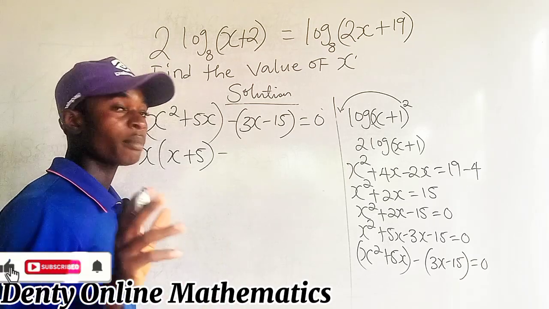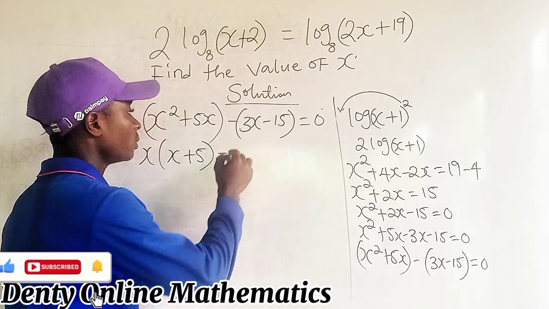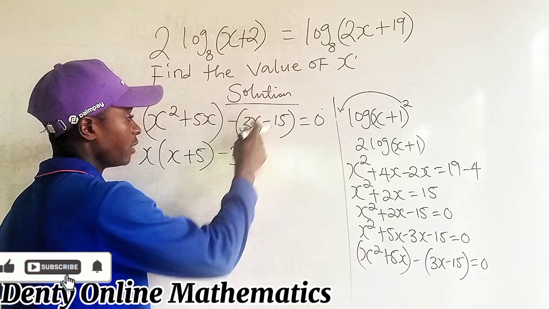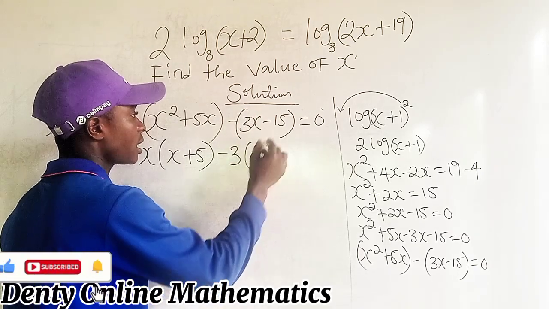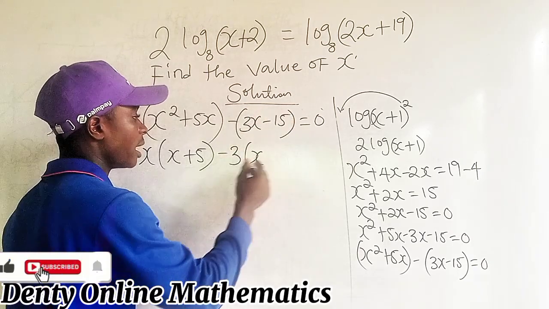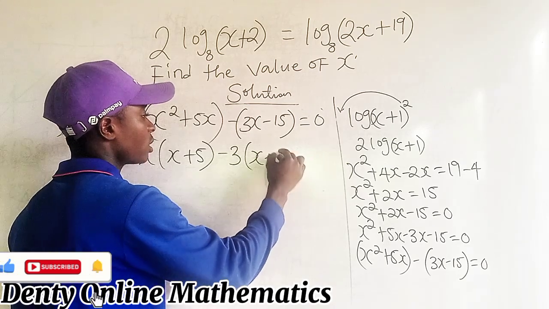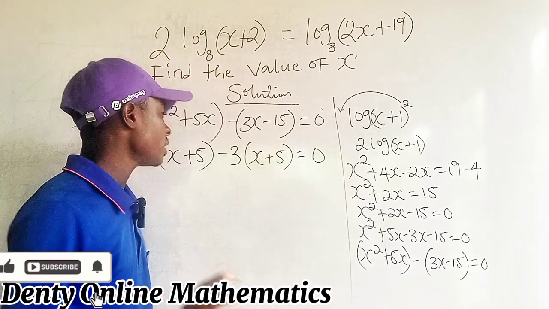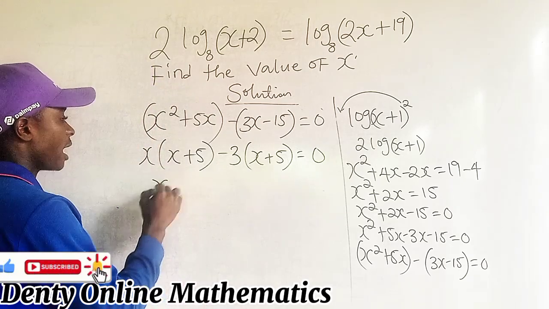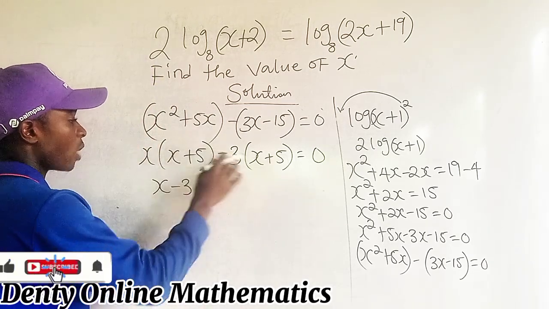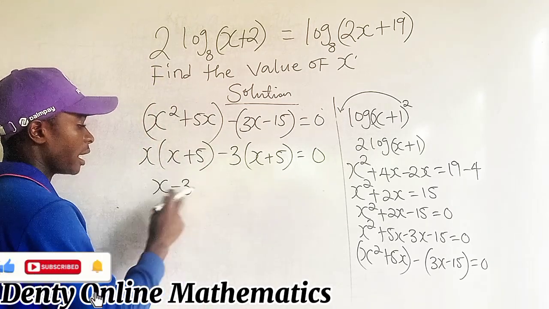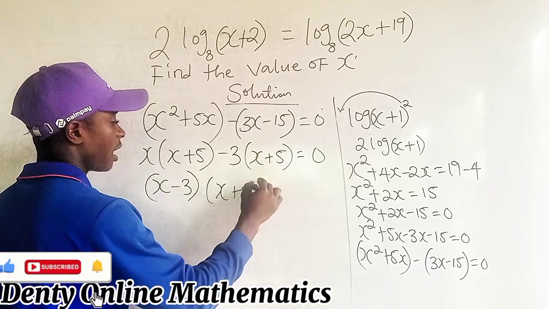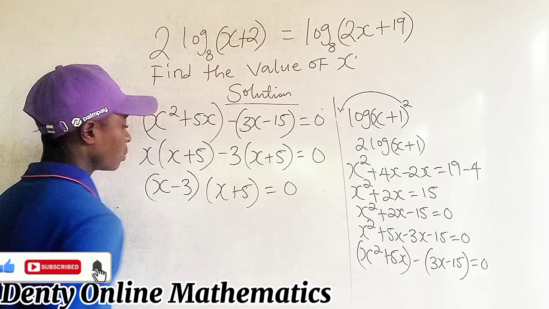If I factor it out, I have minus 3 times: 3x divided by 3 leaves x, and minus 15 divided by minus 3 leaves plus 5, equal to 0. Now at this point, I'll have x minus 3, taking this outside, I'll have (x minus 3) times (x plus 5) equal to 0.